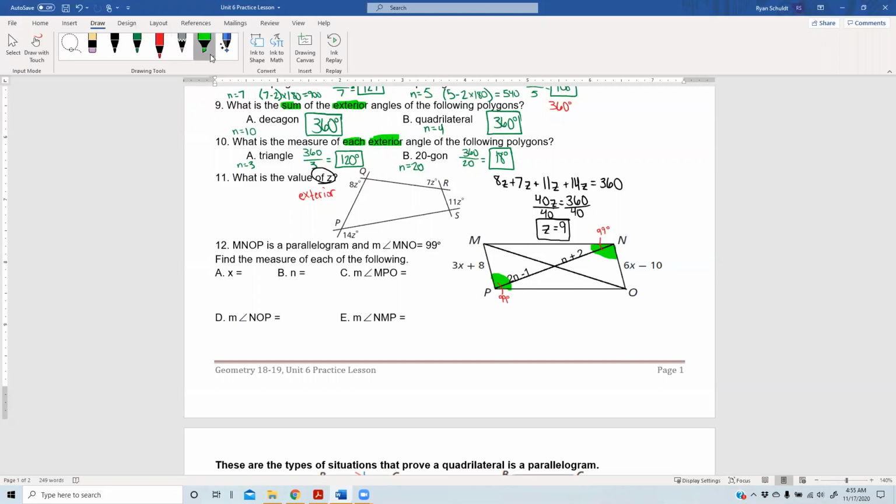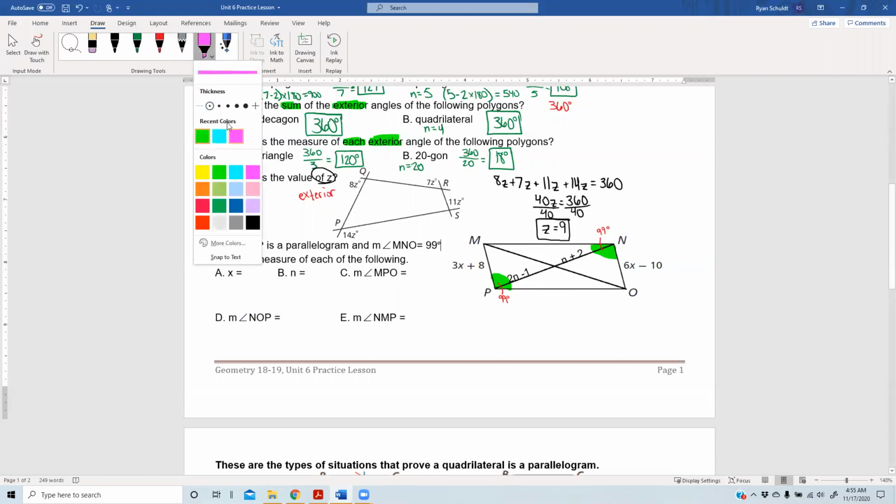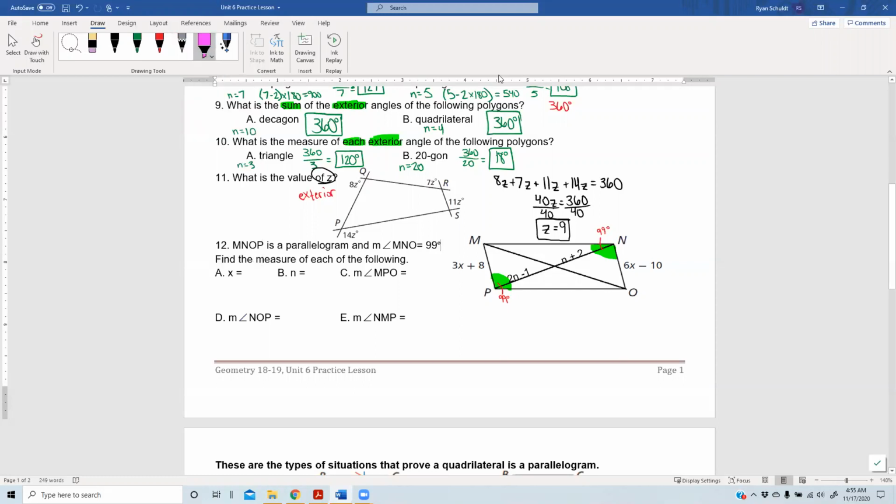And then, with just that information, we can jump in and get these two angles, because on a parallelogram, consecutive angles have to be supplementary. So to get these two angles, I can just subtract 99 from 180. 180 minus 99 gets me 81.